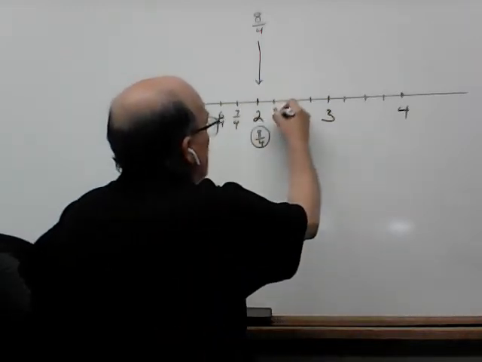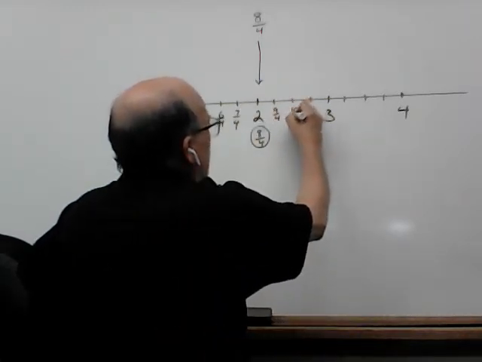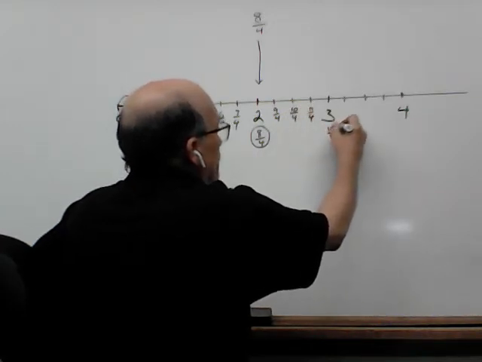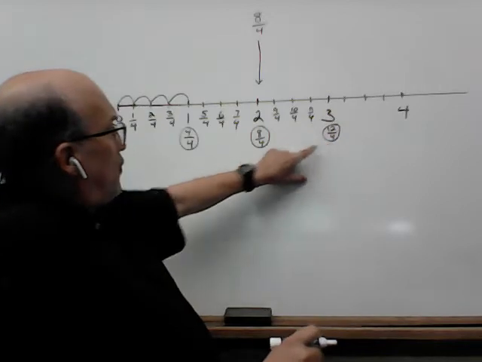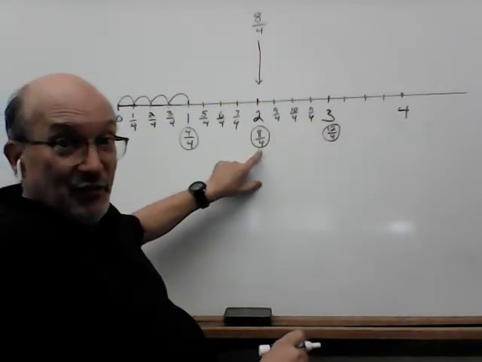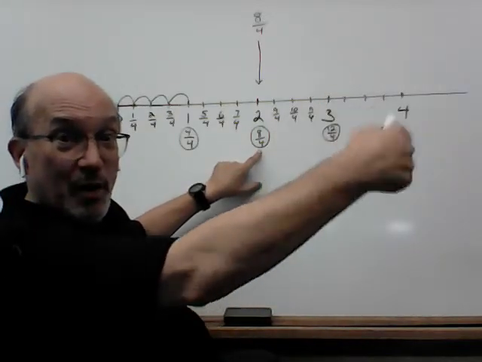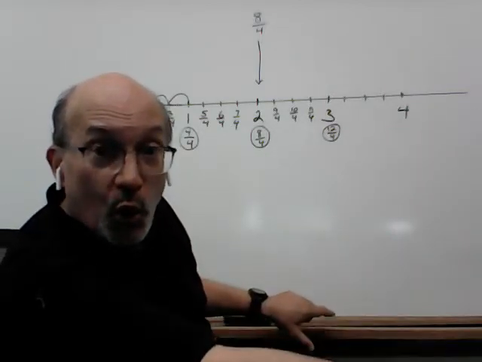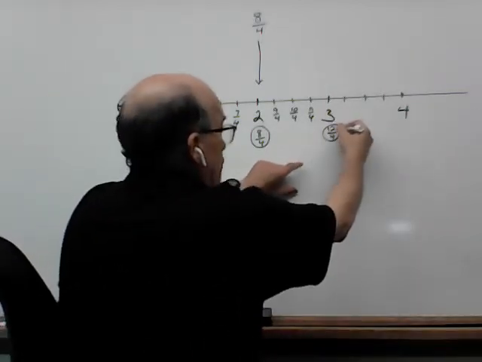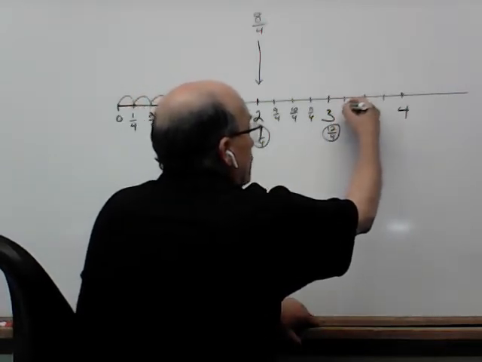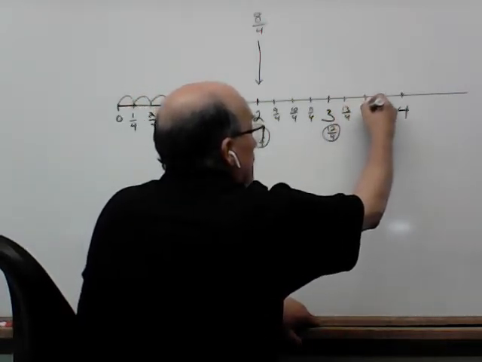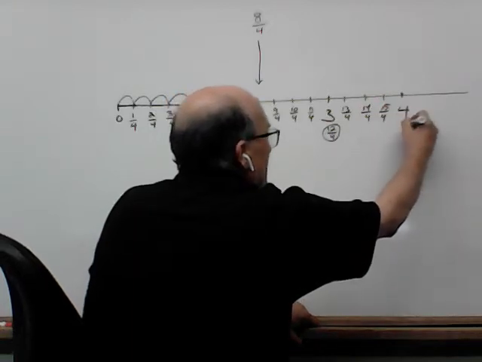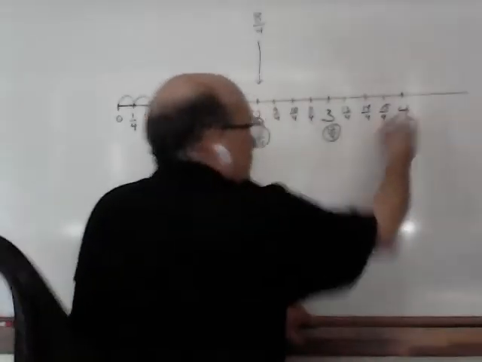After 8/4 comes 9/4, 10/4, 11/4, 12/4. By the way, this 12/4 is 4/4 past the 8/4. Every time we go up by 4/4, we're going up by another 1 whole. So 12/4 is 3. After 12/4 comes 13/4, 14/4, 15/4, and 16/4.